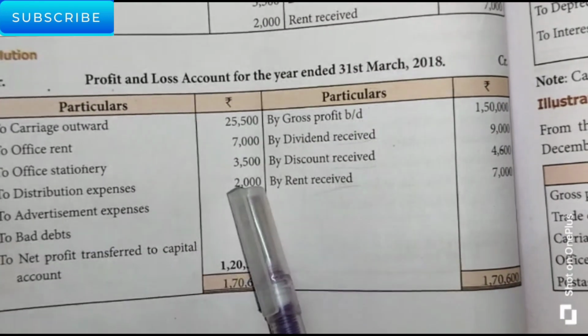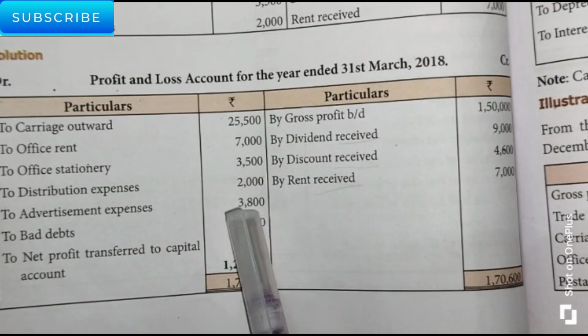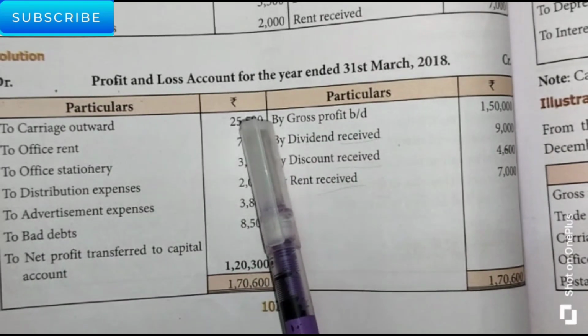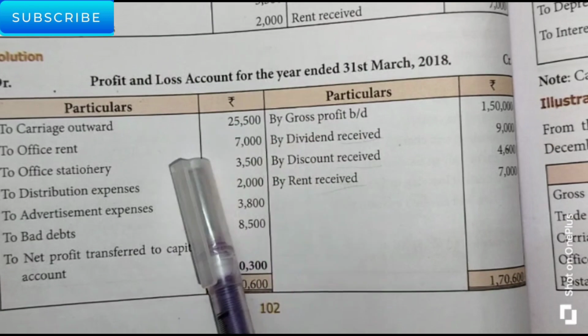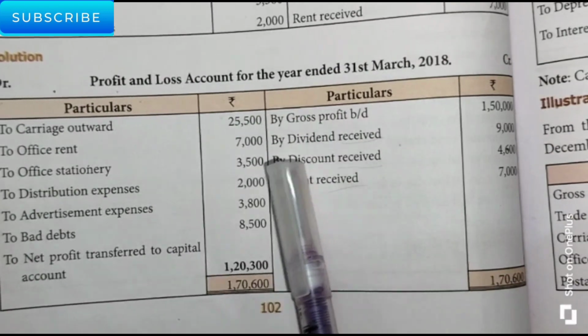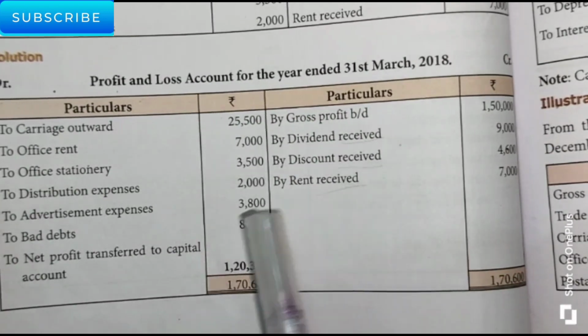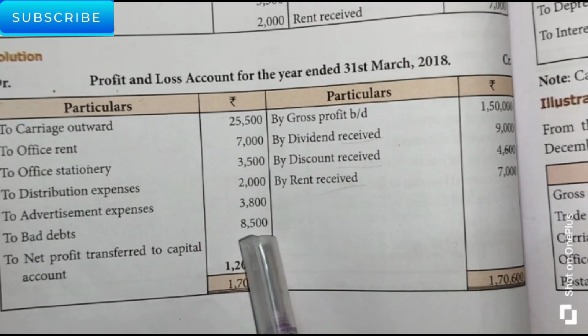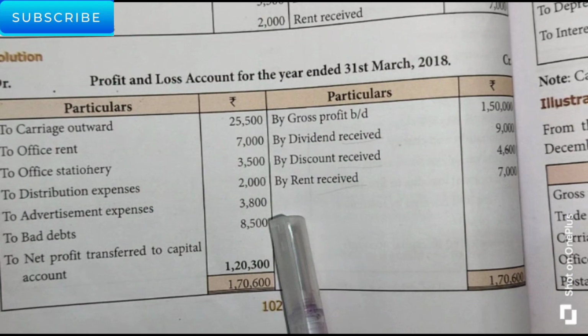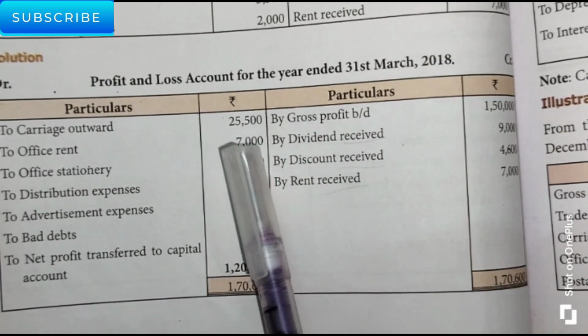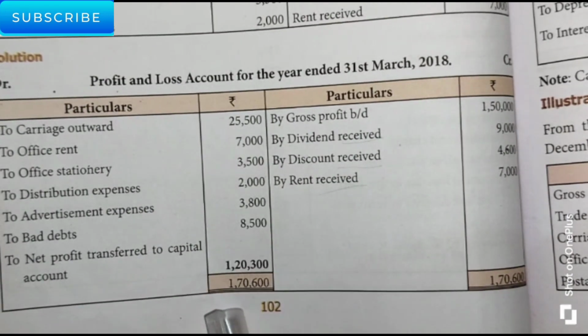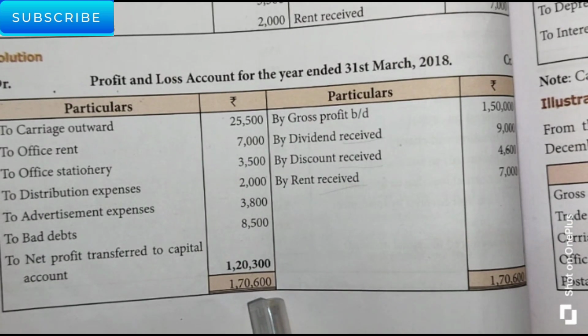Then we have to add the lesser value side, that means the debit side. So 25,500 plus 7,000 plus 3,500 plus 2,000 plus 3,800 plus 8,500, the total is 50,300. Then we have to subtract that lesser value from the total 1,70,600.